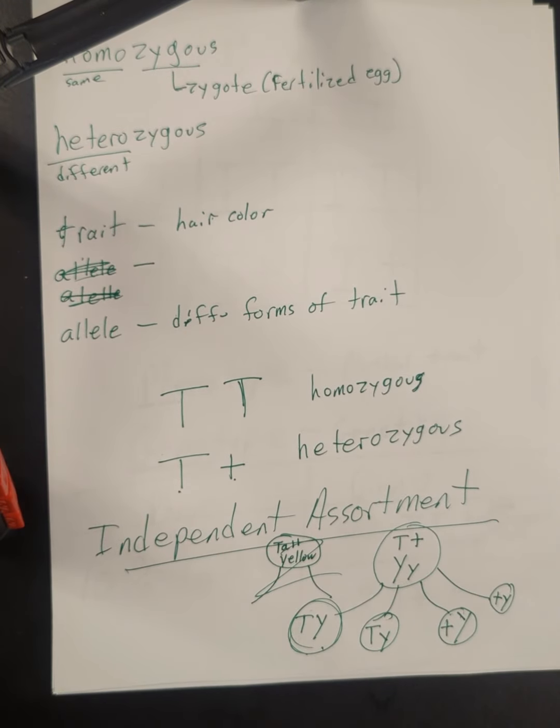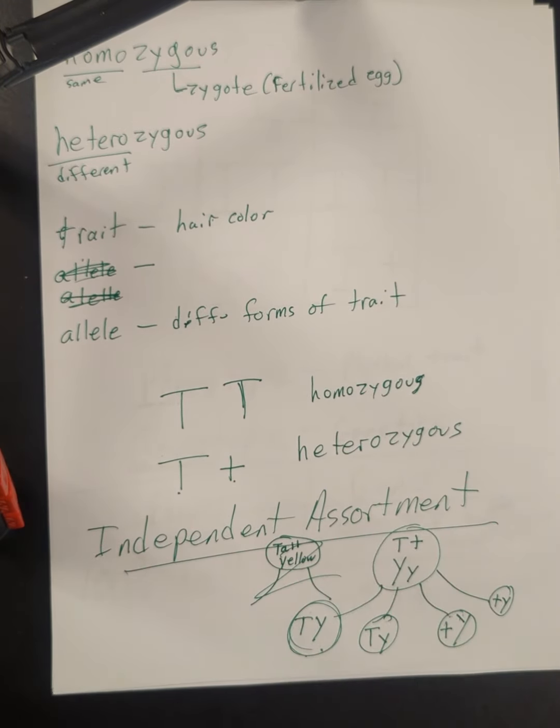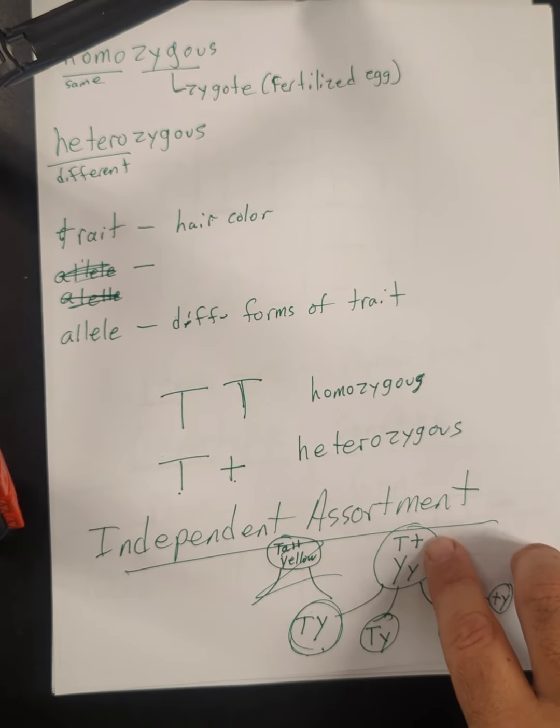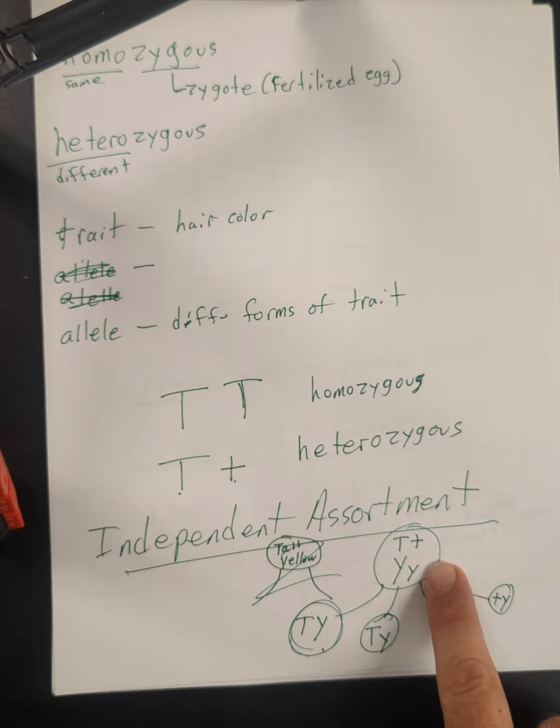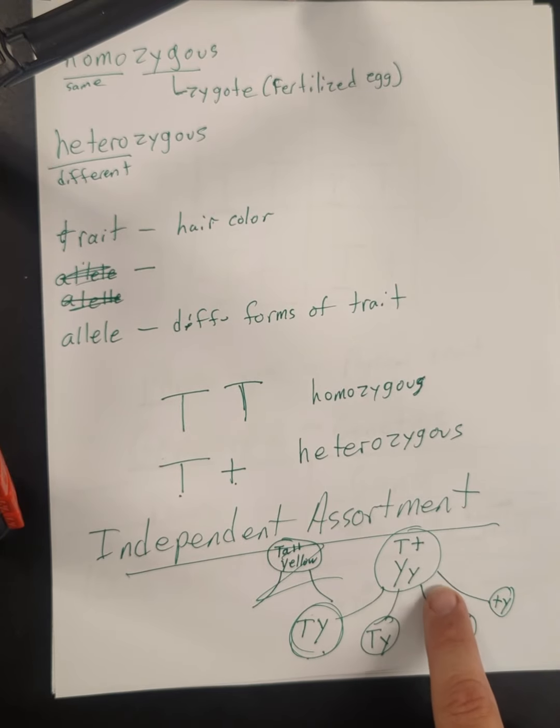And remember, independent assortment means that your different genes on different chromosomes assort independent of each other. So for example, tallness and seed color in pea plants are on different chromosomes.